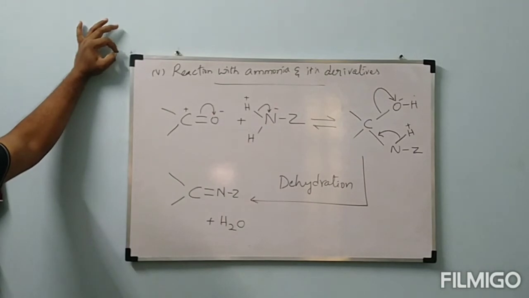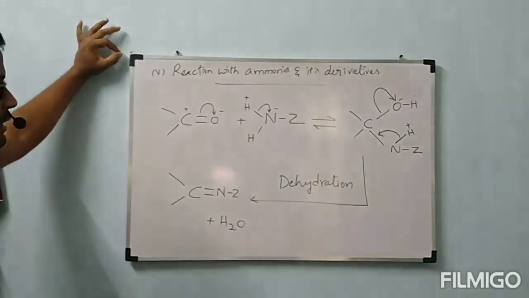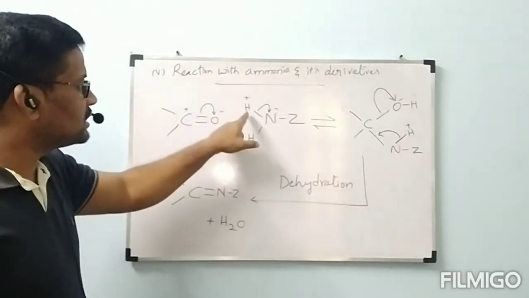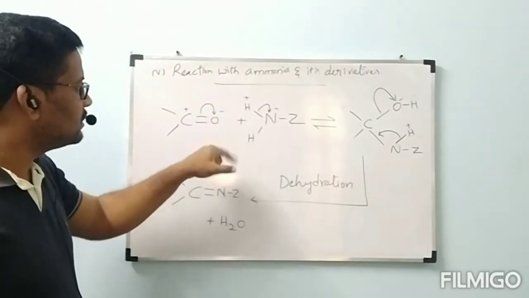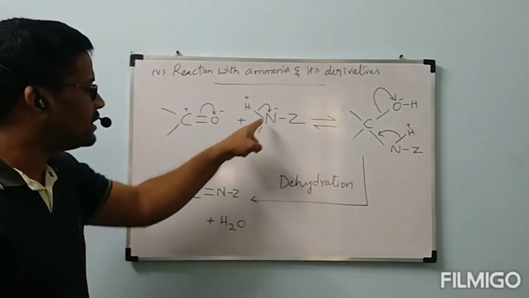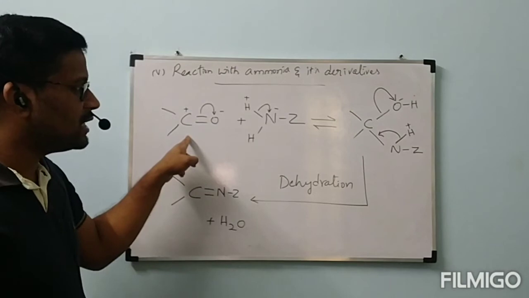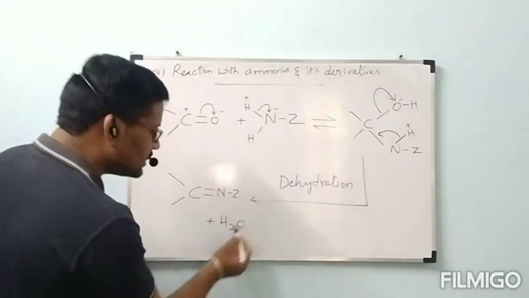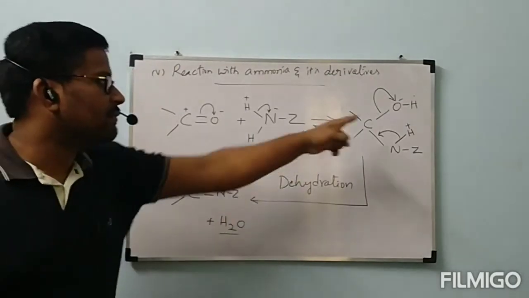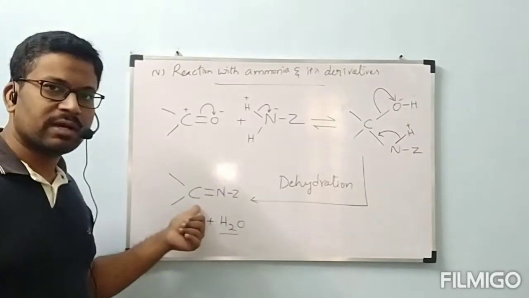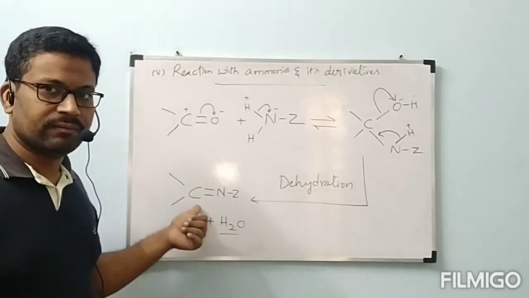Just check that whole reaction once now. See, C double bond O reacts with NH2Z. First, this H plus will be attacked by O minus to be formed as OH, and this C plus will be attacked by N minus to be formed as C-NHZ. Next step, dehydration will happen. Dehydration is nothing but removal of water. From that substance, water will be removed to form the final product C double bond NZ.